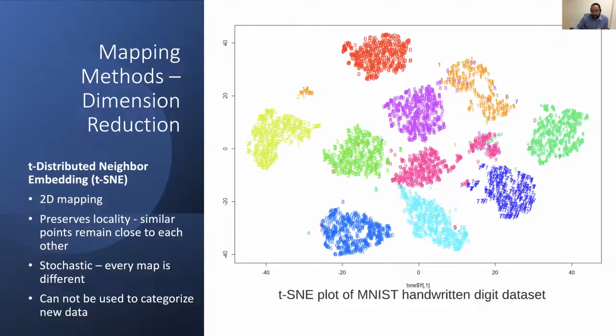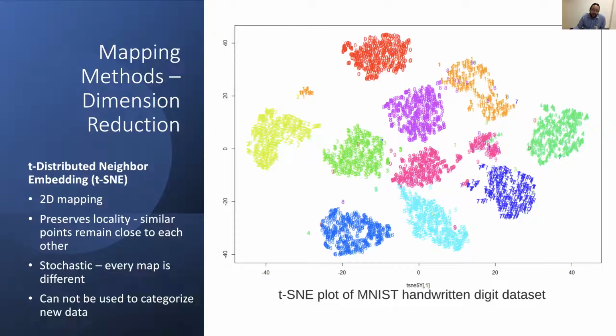So it's very popular, but there are two big issues with t-SNE. One, the process is stochastic. That means that the algorithm's random. So every time you generate one of these maps, it's going to be different, even for the same data. Ideally, it'll be different, but it still shows the same structures.